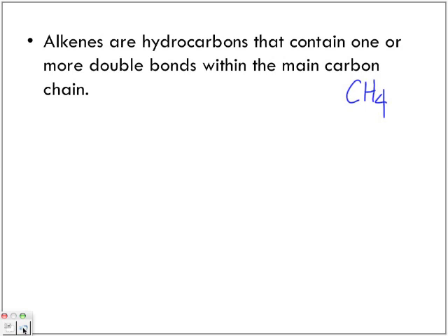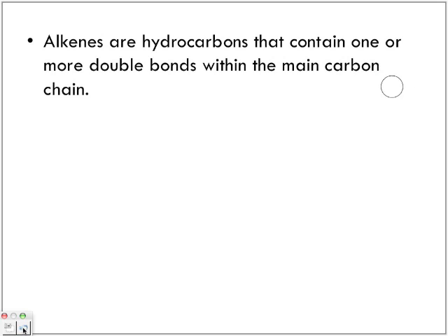We could not form a double bond because carbon has 4 valence electrons, each hydrogen has 1 valence electron, and it does not have the ability to form a double bond with any of these hydrogens. So methane is the one exception to the rule, and you won't have an alkene there.